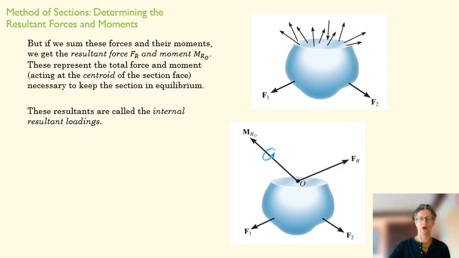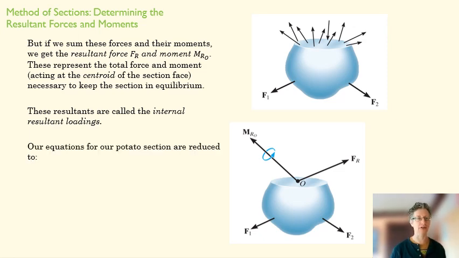And we'll talk more about centroids later. You probably did some of those in statics. And they come into play fairly frequently in deformable bodies. But the important point here is that we took a bunch of really complicated forces and we summed them all together into our internal resultant loadings as one moment and one force acting at our centroid.